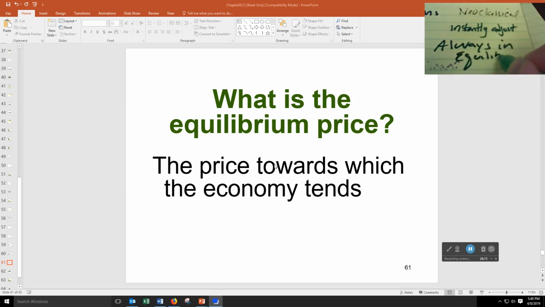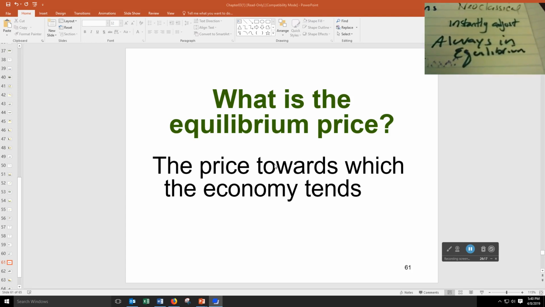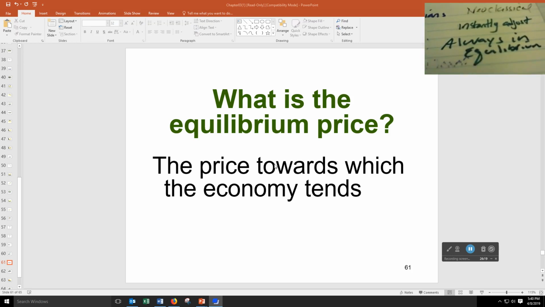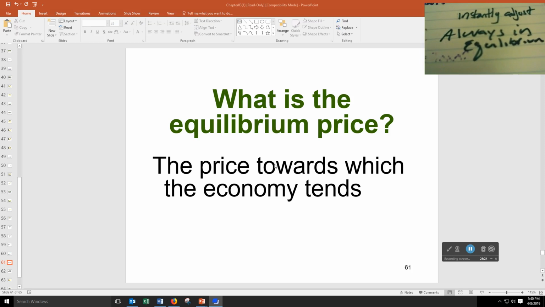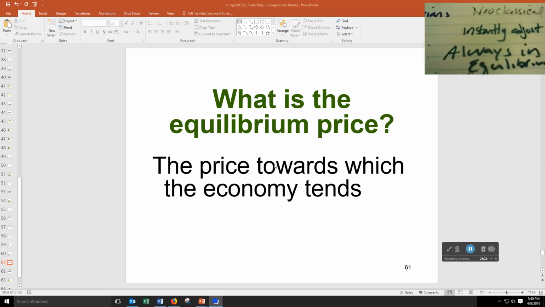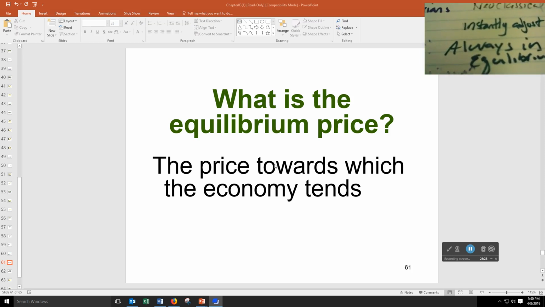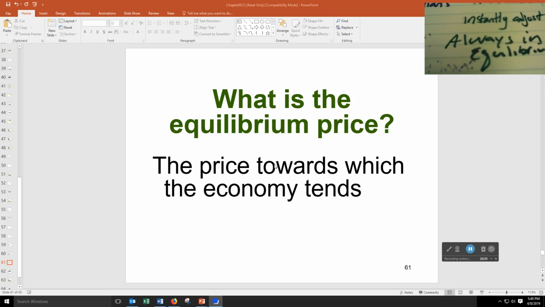This, of course, would mean that we never trade, okay? That all mutually beneficial exchanges are exhausted. Now, I don't think any true neoclassical really believes that markets are always in equilibrium and that when there's a change, they instantly adjust to it. But they treat the economy as though it does.